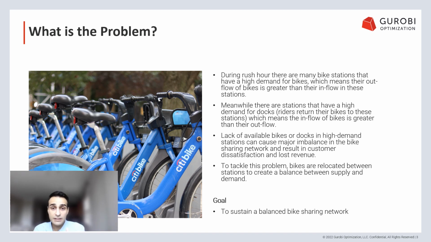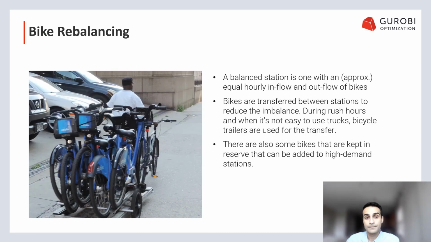So this balancing needs to happen to get to a point that you sustain a balanced bike sharing network. As I mentioned, a balanced station is one where the inflow and outflow of bikes are approximately the same.